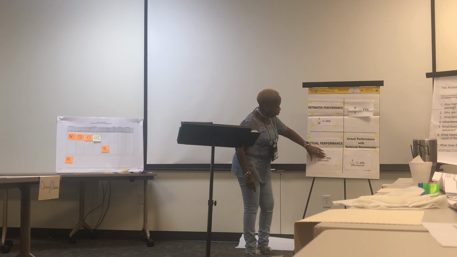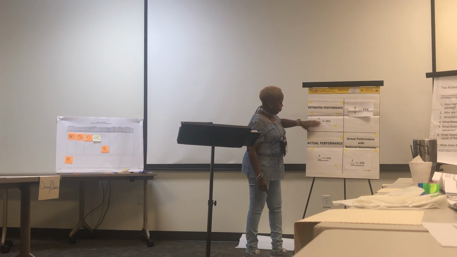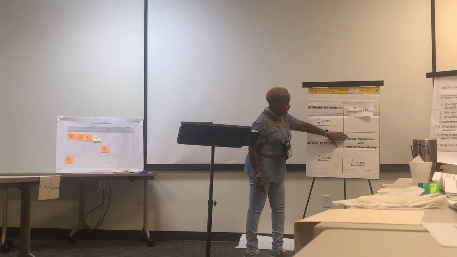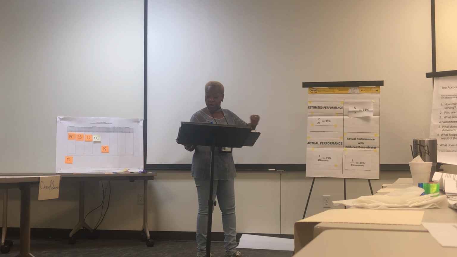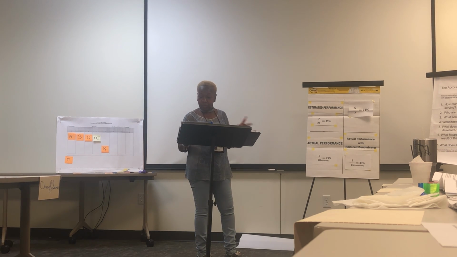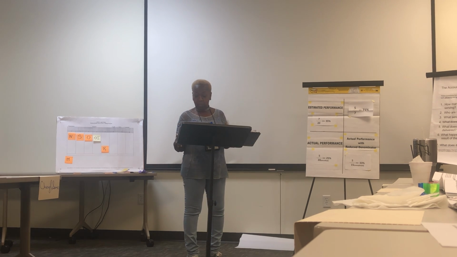So as you go around the board, when we made the estimate, the actual, and then the performance with the reduced denominator, we come all the way back around to another dimension, which is reducing the denominator and the numerator, which gives us our projected outcome. So 5 families increased income by 10%, which is the actual, and the 7, like I said, was the target, which gave us that 71% success rate.